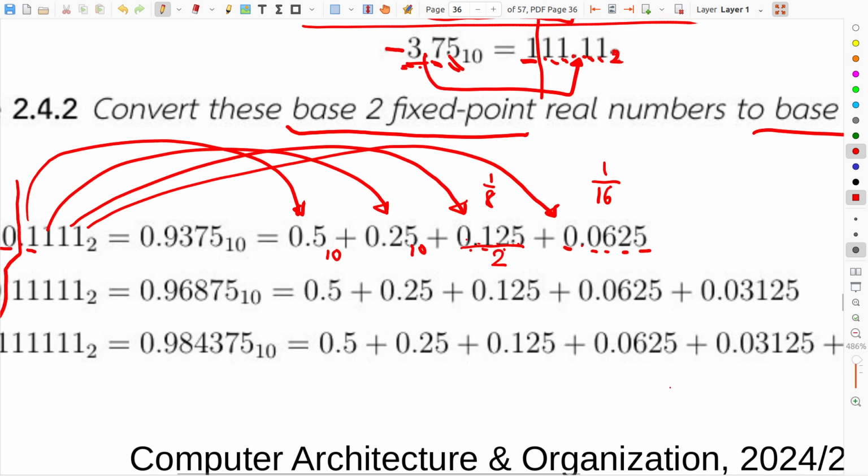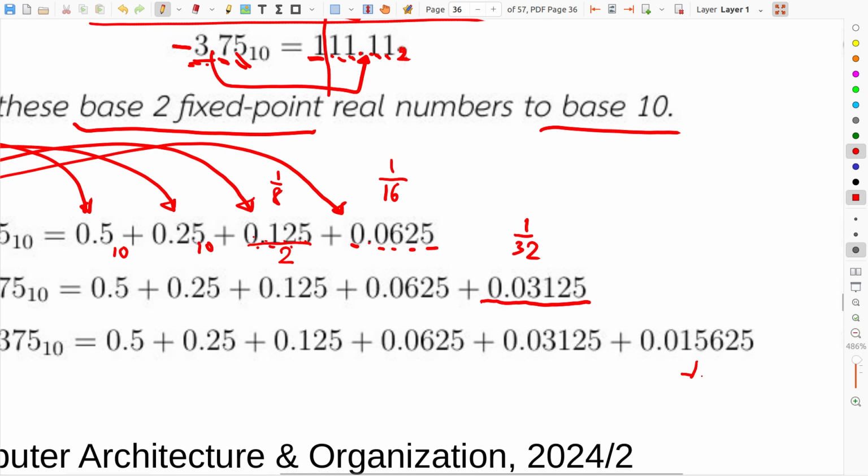If we increase one more bit, it's going to be 1 over 32, so 0.03125. And if we increase one more bit, it's 1 over 64.